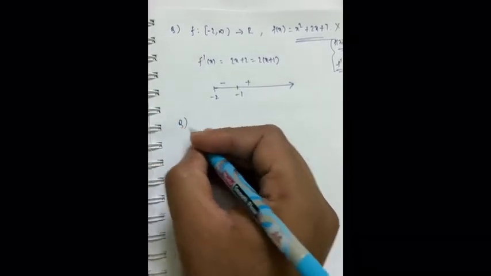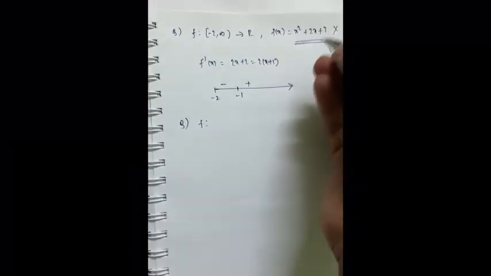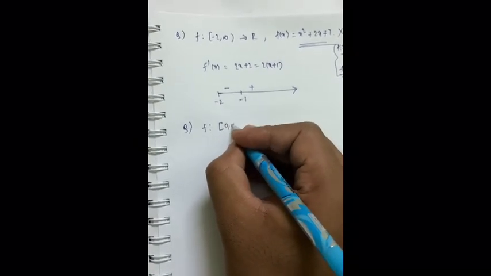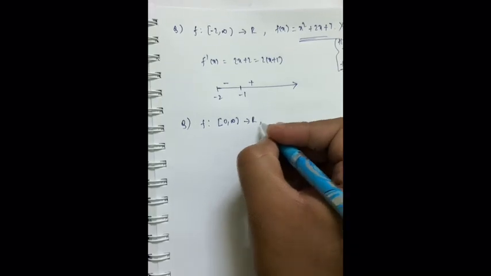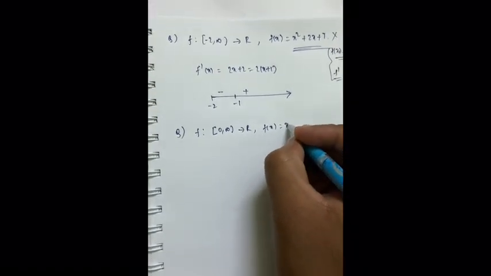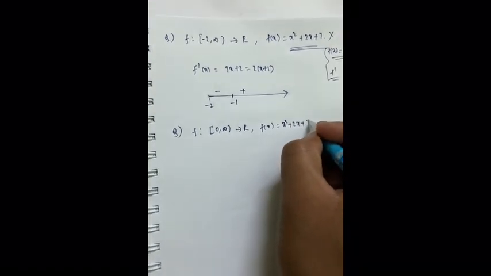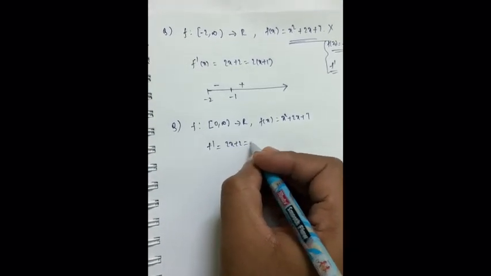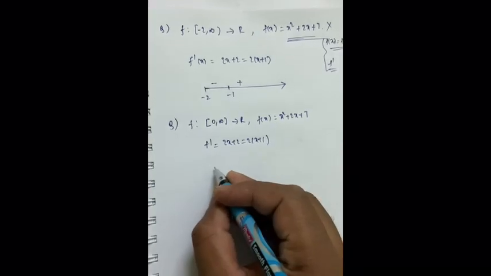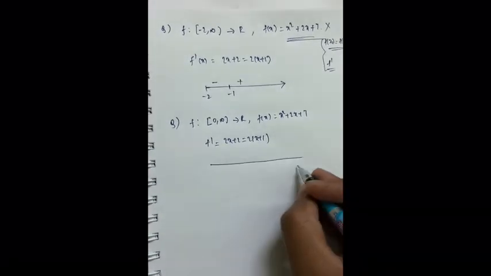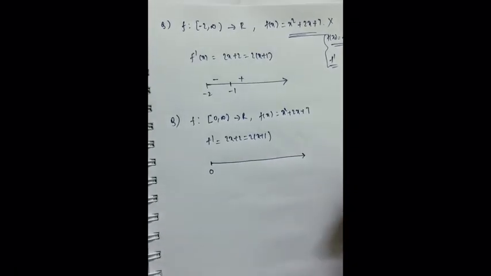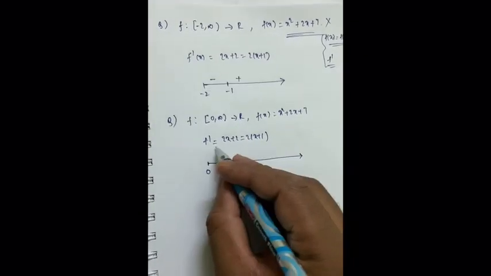Coming to the same function, we keep the function same but change the domain. Let's say the domain is [0, infinity) to R, and the function is x square plus 2x plus 7, same function. What is f dash now? 2x plus 2, so again it is 2 times (x plus 1). But now for the wavy curve, you draw the number line only for the domain, 0 to infinity. In the domain, is f dash 0?